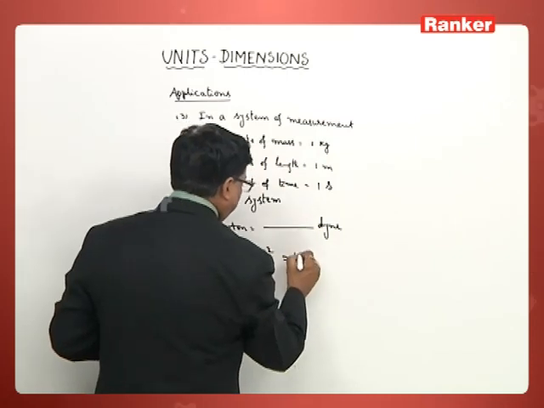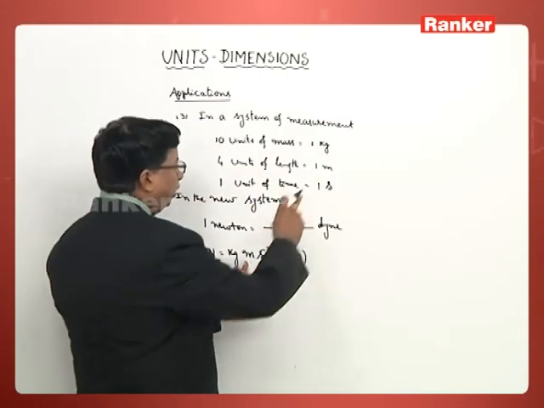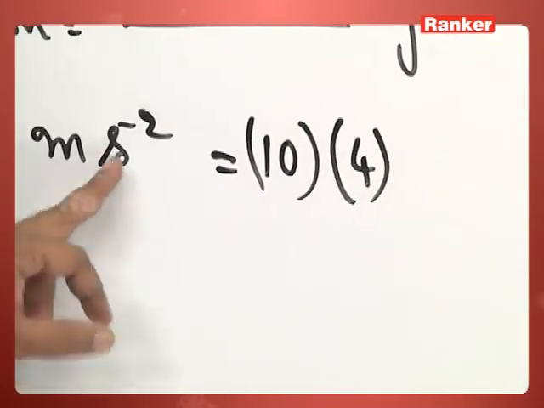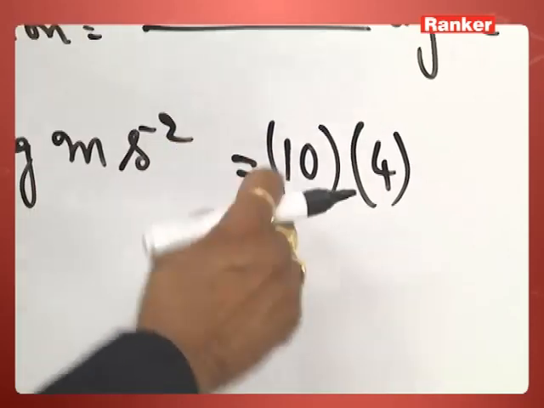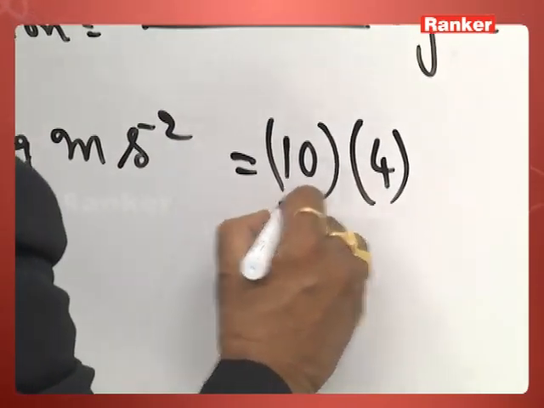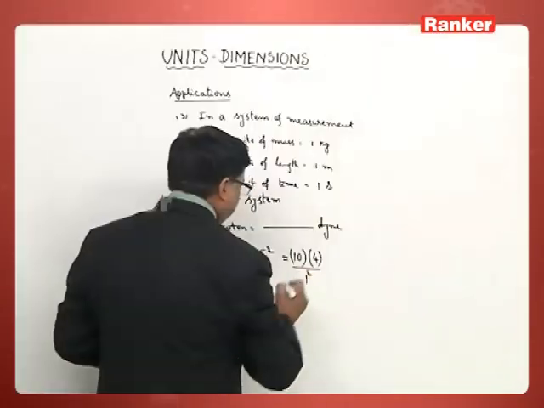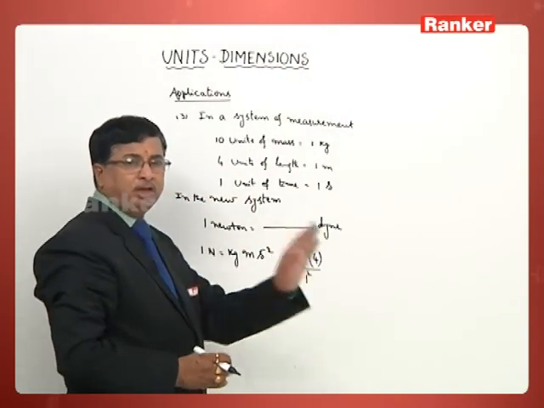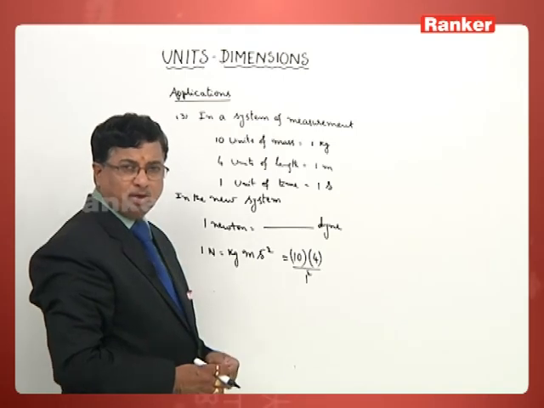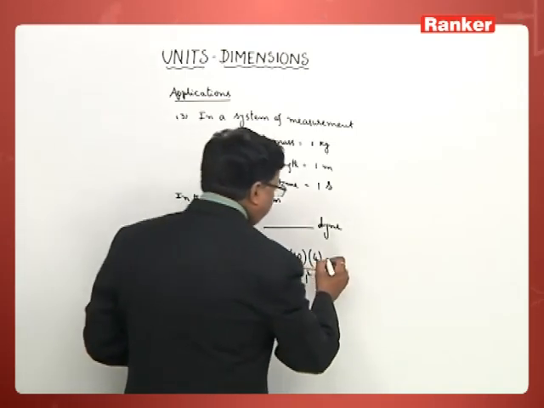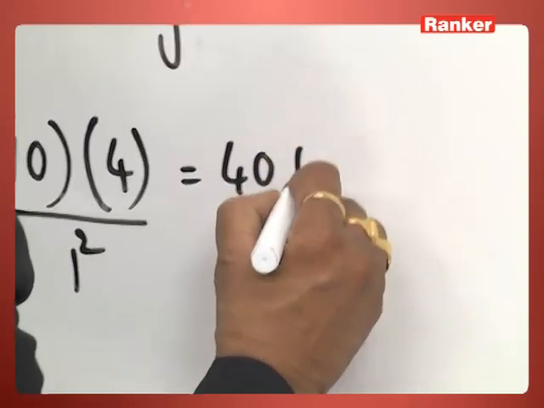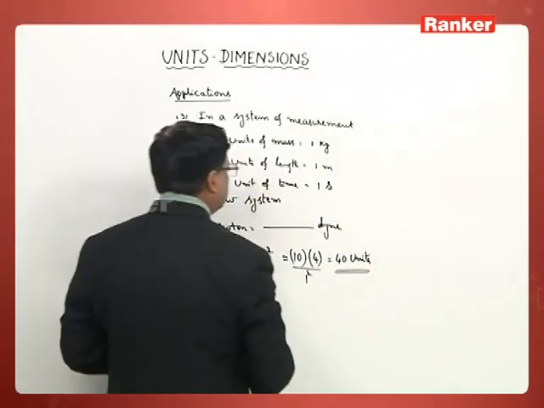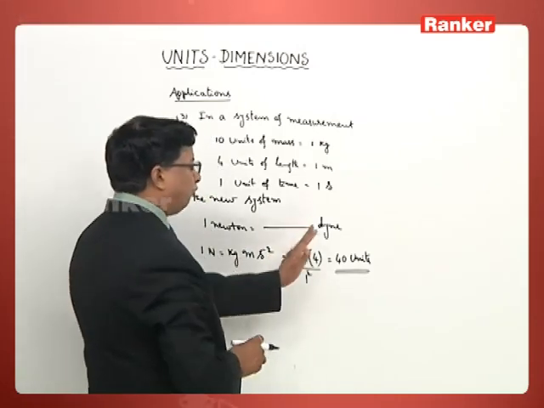It is 10 units. What is 1 meter? It is 4 units. What is 1 second? It is 1 unit. In fact, it is 1 square. Whether I write that in the denominator or not, never mind. 1 square is 1 only. So, what is the ultimate result over here? 40 units. So, 1 Newton in the new system is equivalent to 40 units.